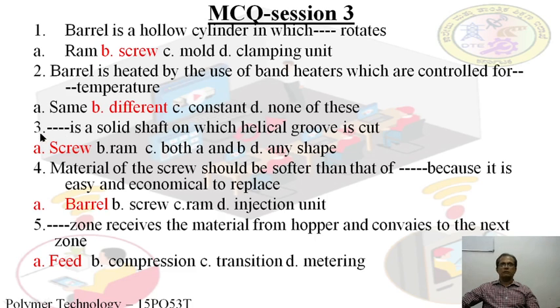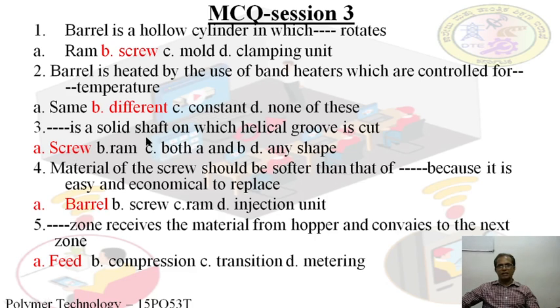Question number 3. Dash is a solid shaft on which helical groove is cut. Ram, screw, both A and B, any shape. Answer is screw.